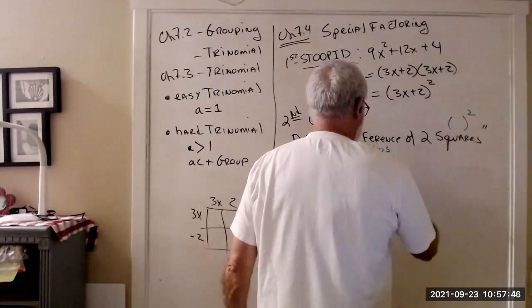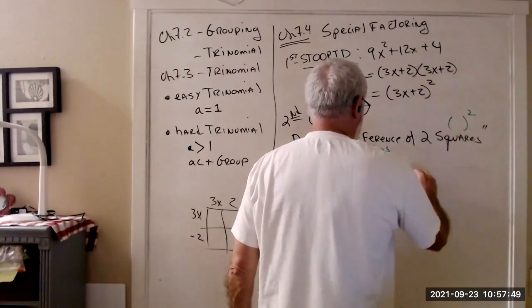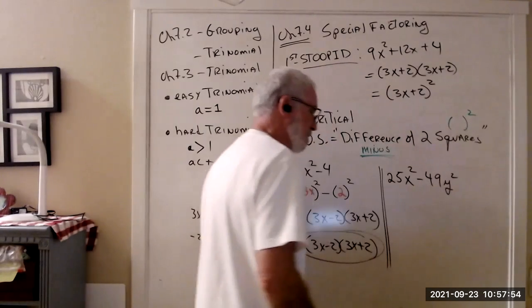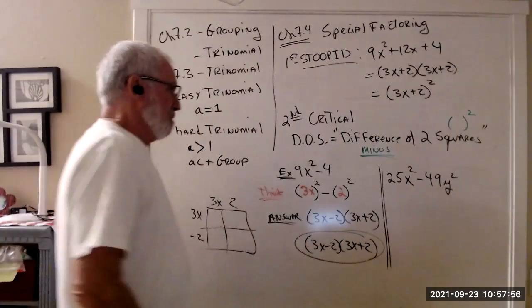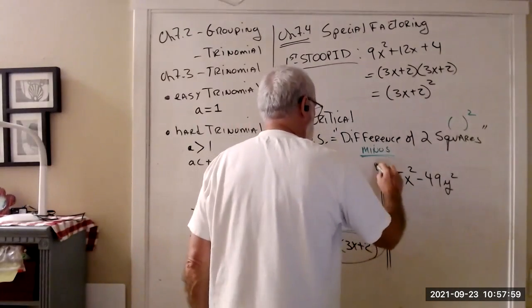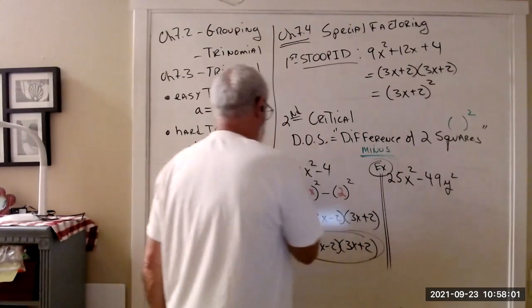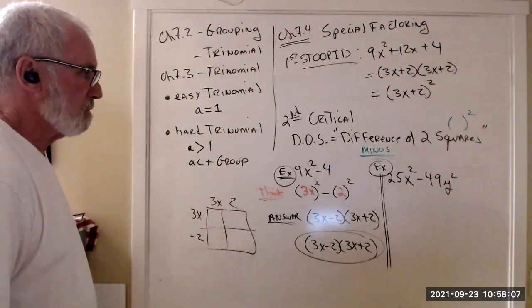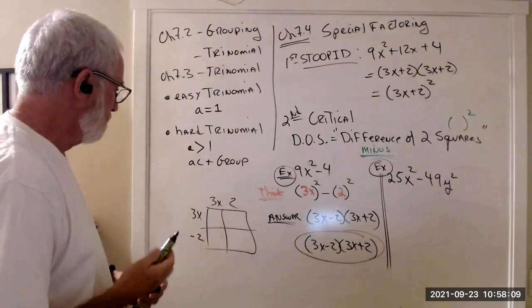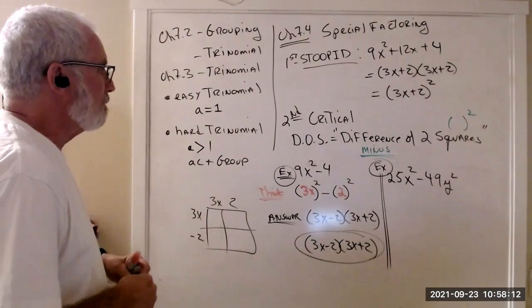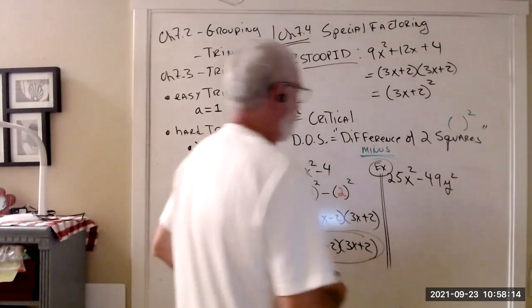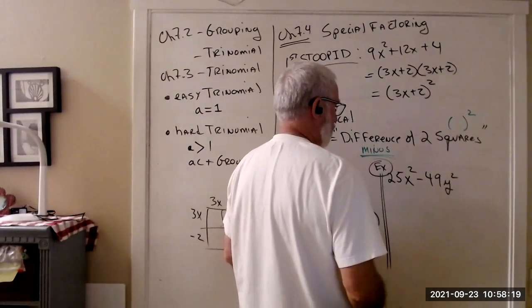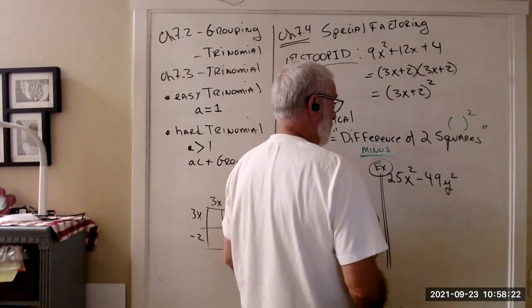So what if I had 25x squared minus 49y squared? You want to take a shot? What do you think? Nobody?